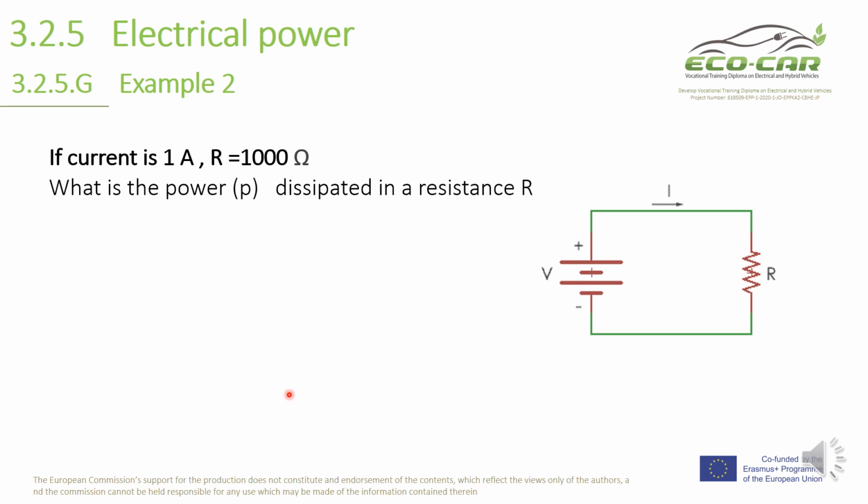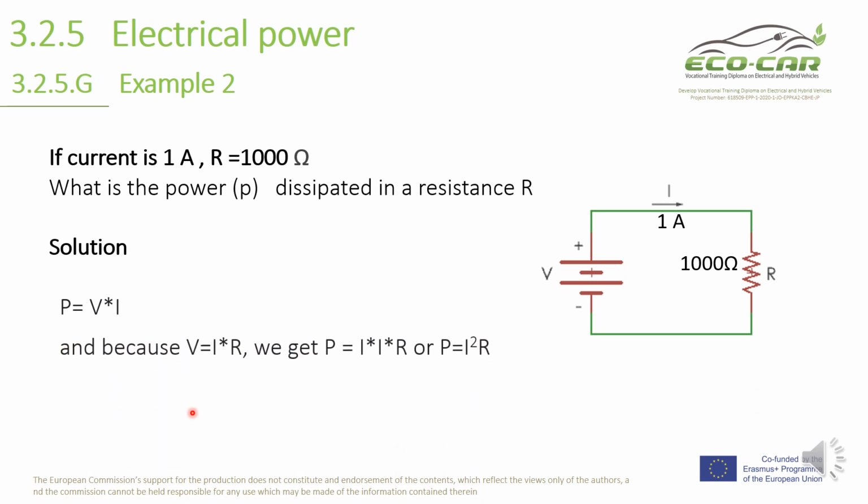Solution: as we know, power equals voltage multiplied by current according to the triangle of power.